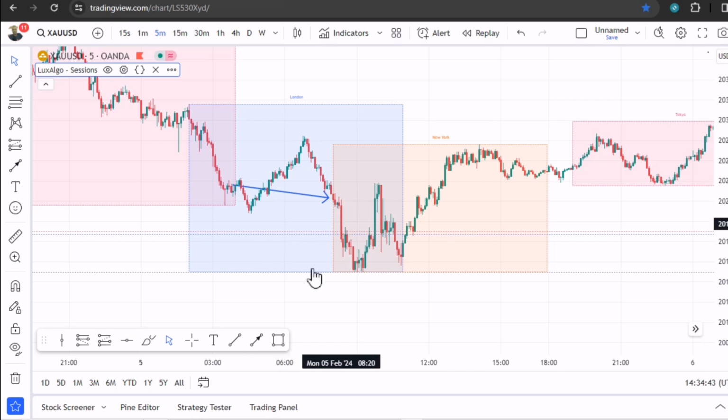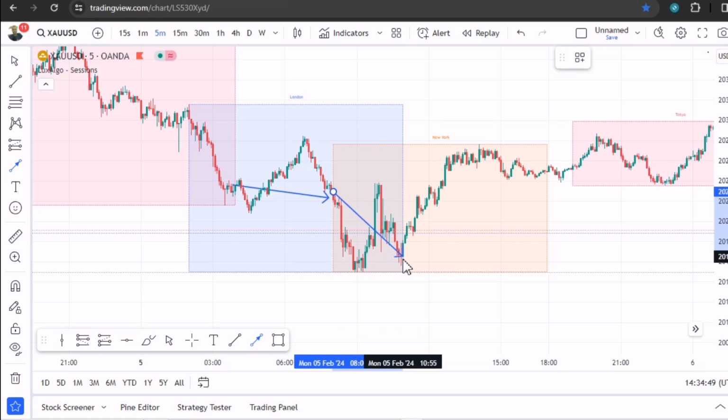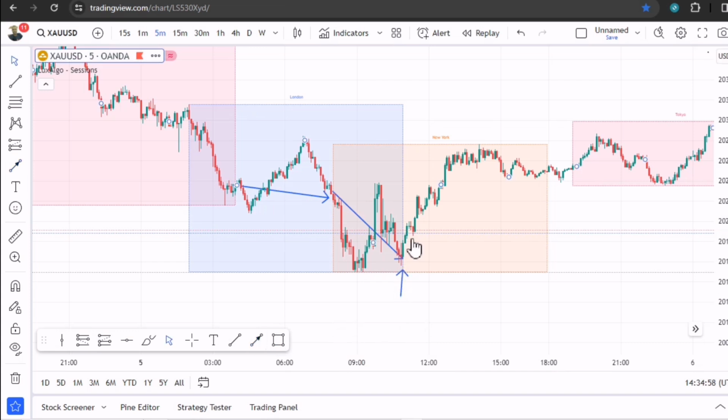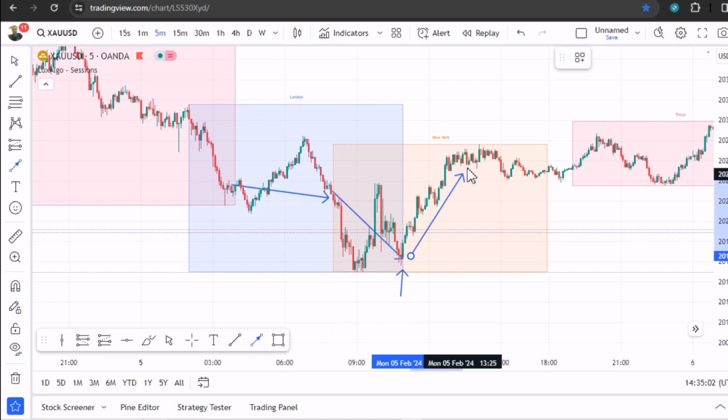You hit your stop loss. What do you do? You observe what happened here, and then you place a buy trade here with an increased risk, and then you cover your losses in this move.